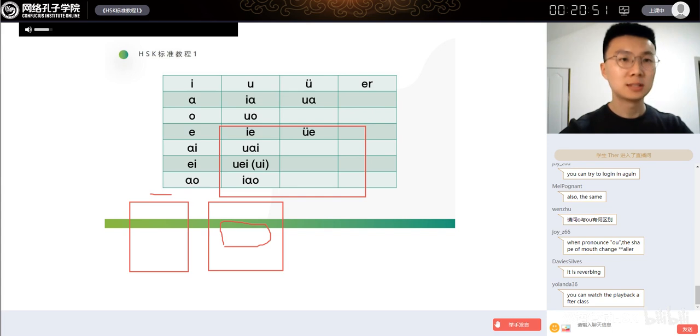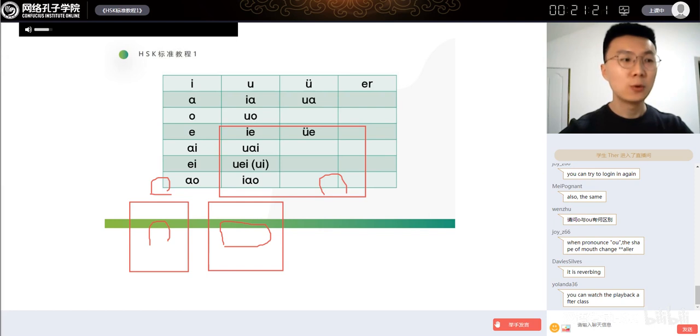For sound, the single final is different from compound finals. Listen.